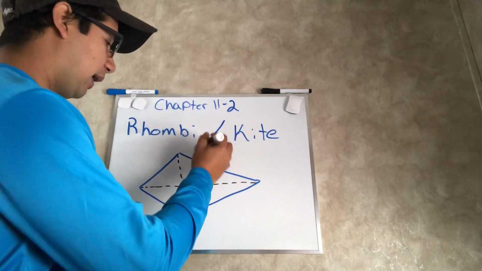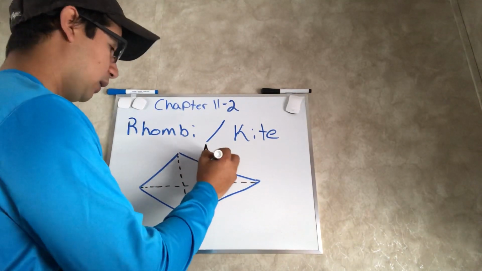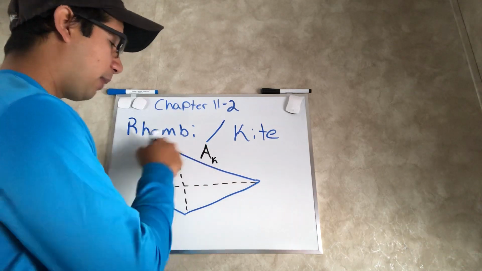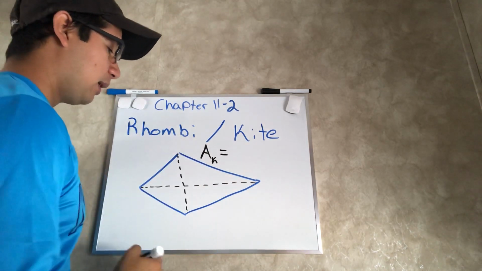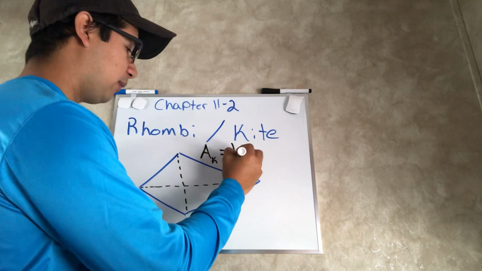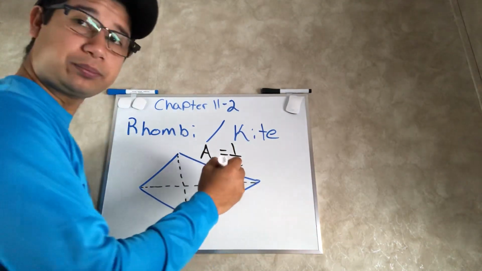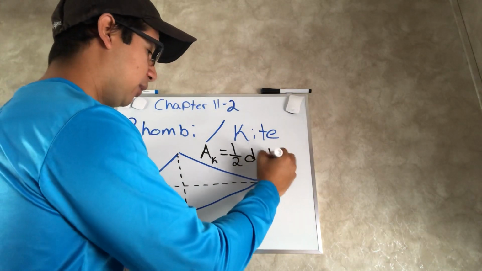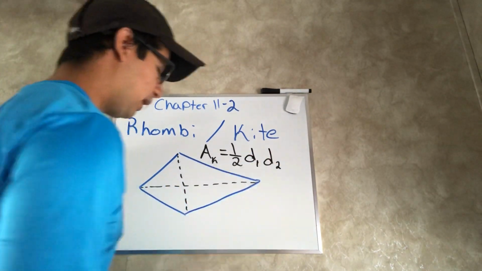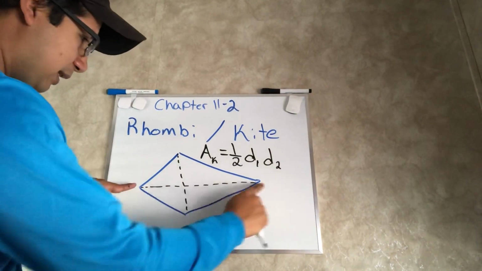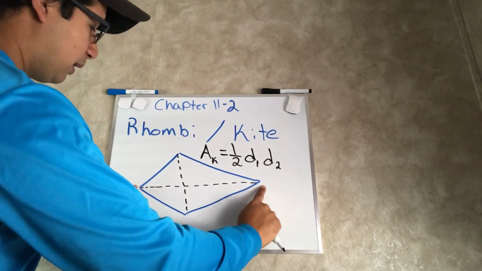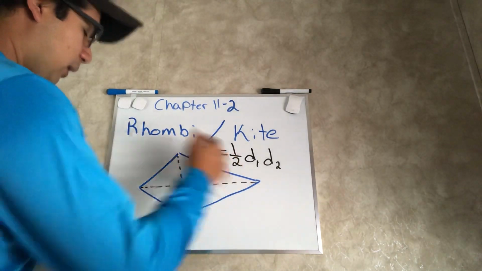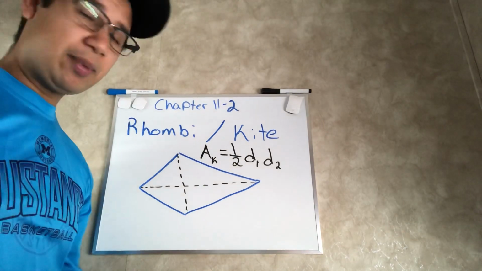The area of a kite or a rhombus, they're the same, is going to be 1/2 times your diagonal 1 times your diagonal number 2. You multiply whatever this distance is, your first diagonal, times your second diagonal, divided by 2, or multiplied by 1/2.